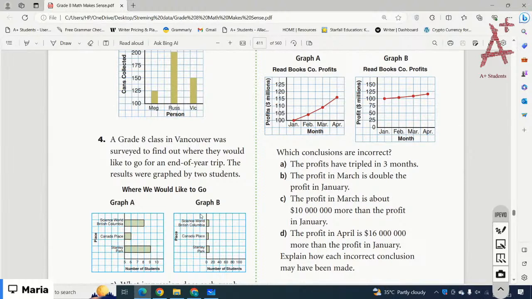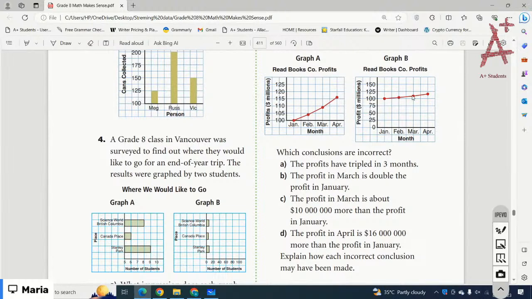Okay, let's just look at the profit. In January, it is 100 million. In February, it is more than 100 million.